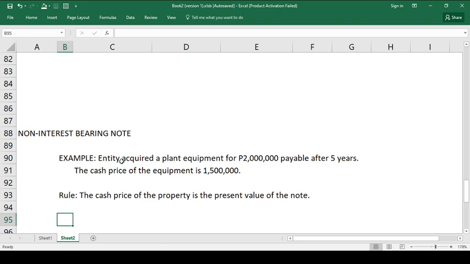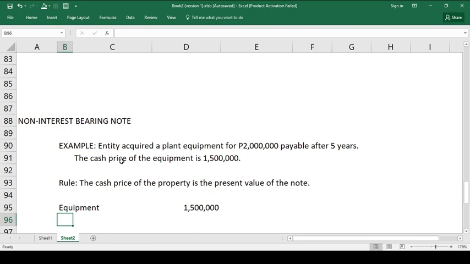Well, you debit equipment at its cash price of 1,500,000. Then you debit a discount on notes payable, referring to the difference of the cash price and the face value of the note.